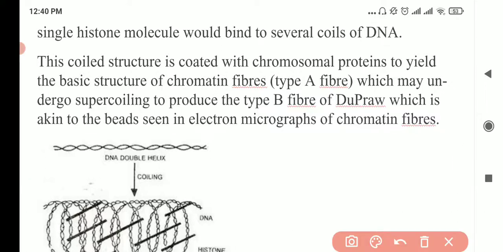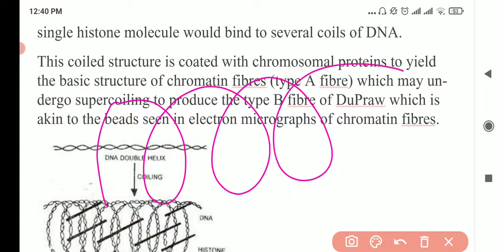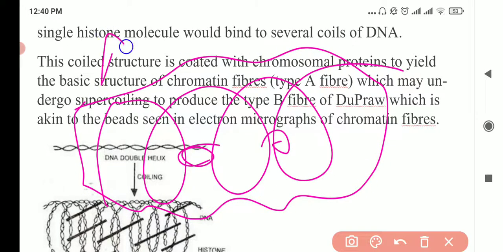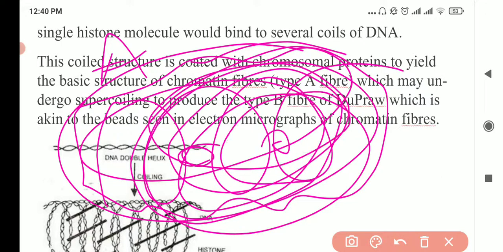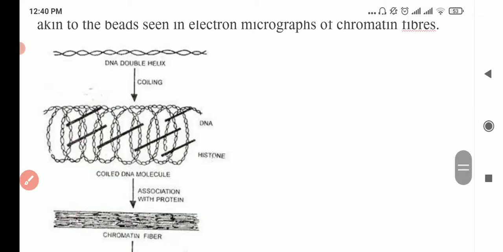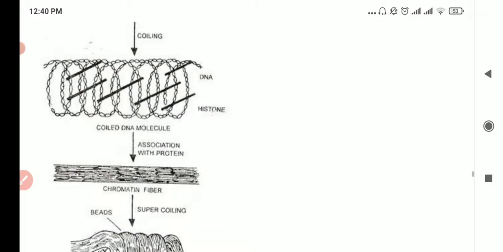Then the coil structure is coated with chromosomal protein to yield the basic structure of chromatin fiber, which may undergo supercoiling to produce type B fiber. Again, spring, histone bridge, then there is something coiled by some protein to produce a type A. Then this type A will coil in itself to produce a type B. So this is the diagram: the DNA double helix coil, and these are your histones, these lines which act as bridges.